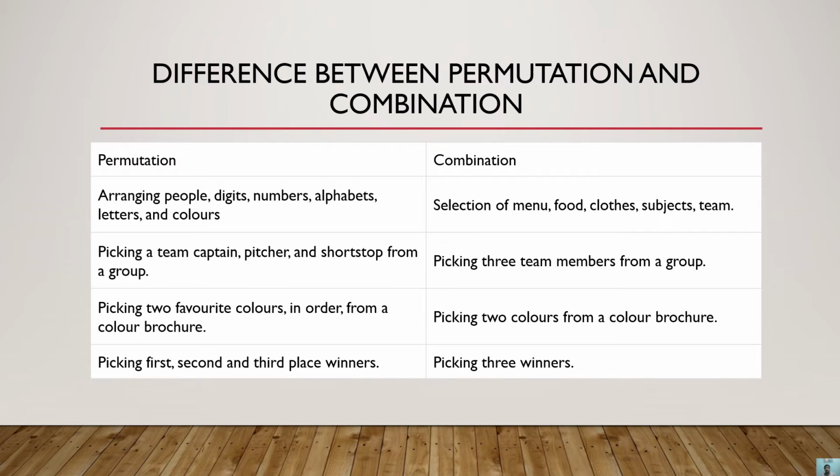In permutation, we pick 2 favorite colors in order from a color brochure, while in combination, we pick 2 colors from a color brochure. In permutation, we pick the first, second, and third place winners. And in combination, we pick 3 winners. As we have mentioned, in permutation, order is considered, whereas in combination, the order is not considered.